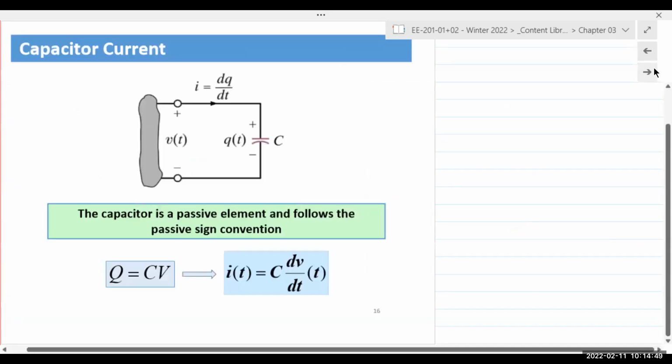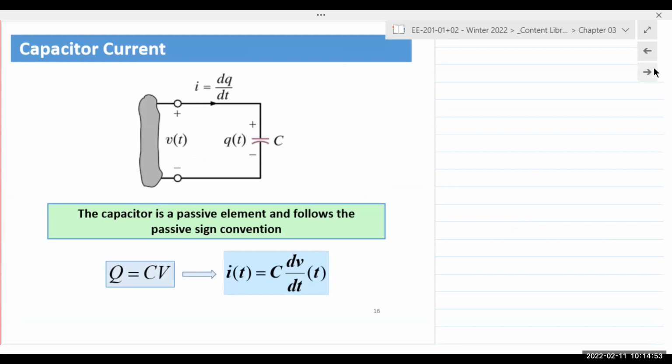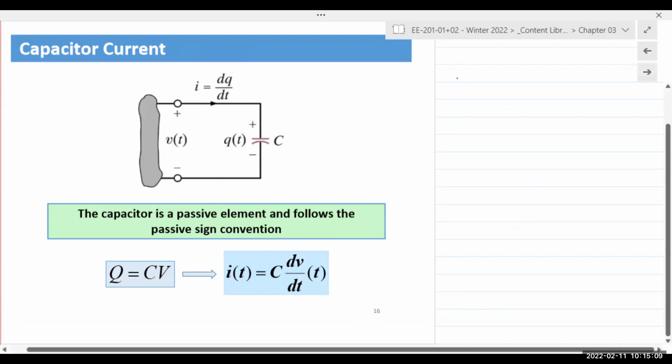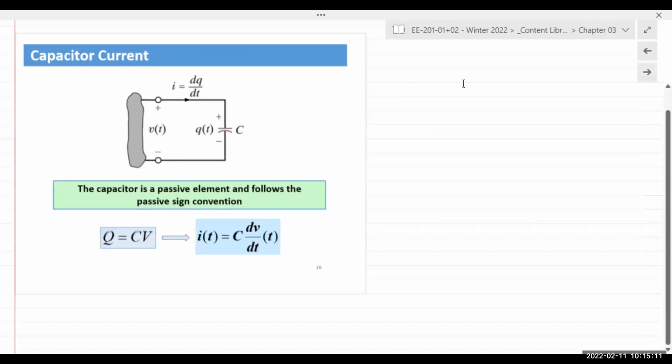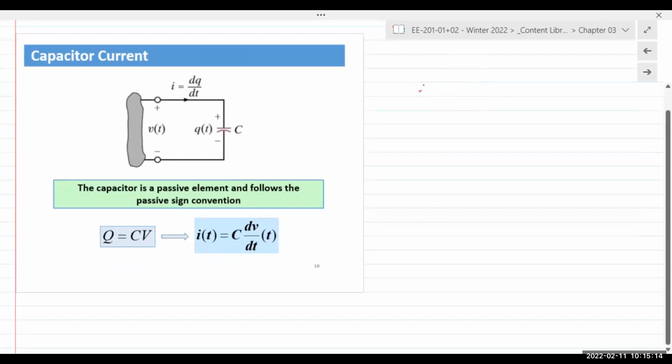Okay, so Q is equal to CV, as we saw in a previous equation, previous slide. Current, electric current is the rate of flow of charge, meaning dq over dt, the rate at which charge flows in a circuit. So if we take the derivative, we get the capacitor current I as C dV over dt. Same standard expression, similar to the one that we had for the inductor. I is equal to C dV over dt.